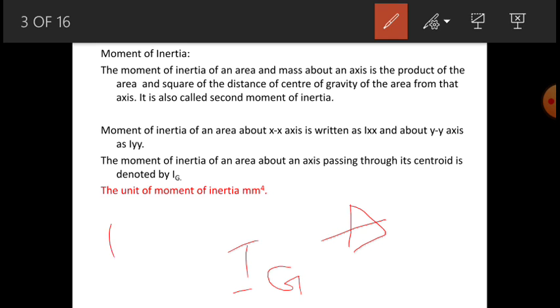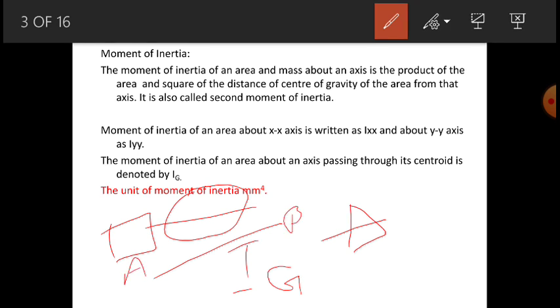If it is an irregular shape like this, we don't know where the centroid will lie. So to find it, we take an external reference axis, suppose A and B, and with the help of that axis we find the moment of inertia. That time we call it Iab.